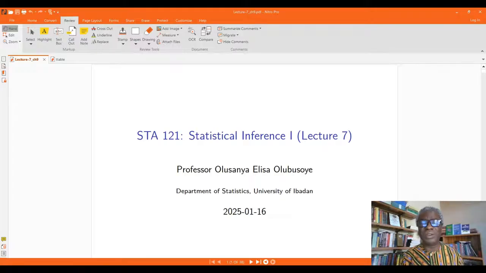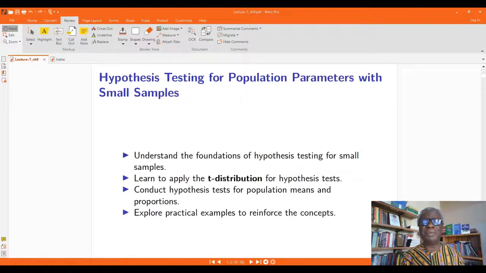And in this lecture, our key objectives are: one, to understand the foundations of hypothesis testing for small samples. If you recall, in the last lecture, the focus was on large samples.